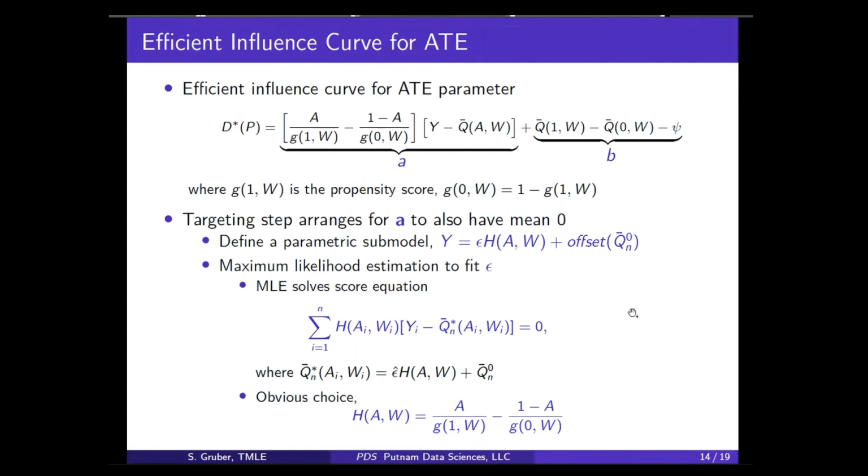So that's why I said my goal was that at the end of this, you have enough insight so that you see the math might get trickier for different parameters. It can get trickier, but if someone gave you the efficient influence curve equation, you could pinpoint H yourself.